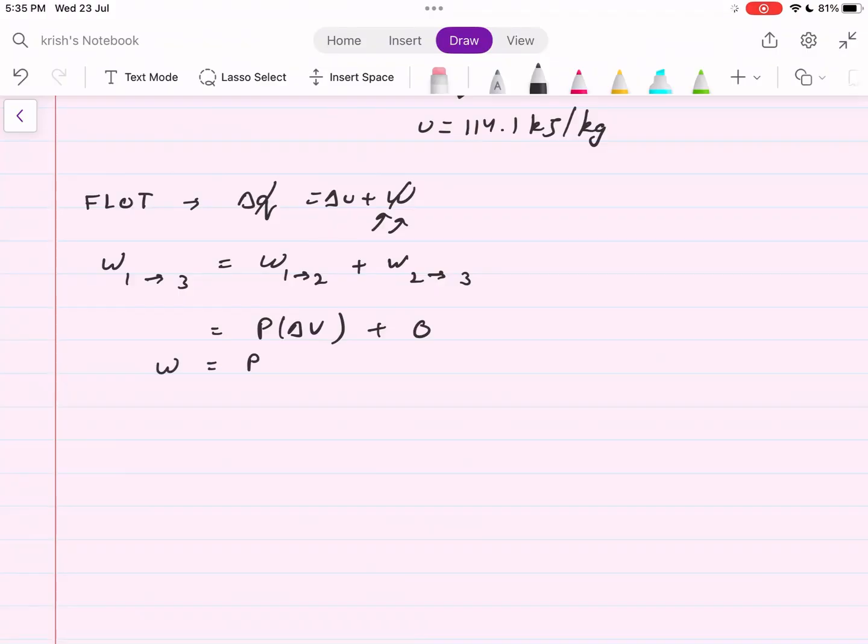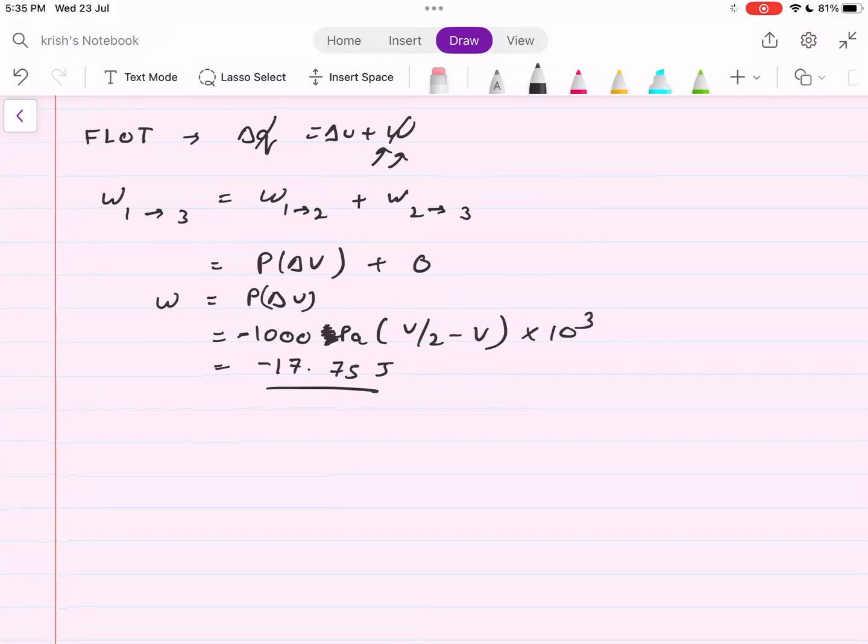So W is P delta V, where the pressure was held constant at 1000 kilopascal, times delta V, V by 2 minus V. So work will come out to be negative, times 10 to the power 3, because remember, 1000 kilopascal has to be converted to Pascal. Upon solving this, your work will come out to be negative 17.75 joule.